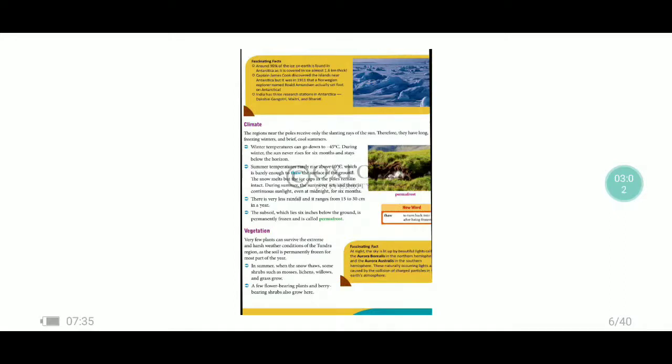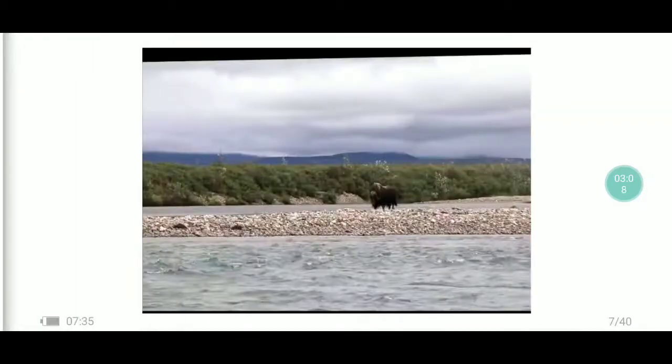Summer temperatures rarely rise above 10 degrees, which is barely enough to thaw the surface of the ground. It means that the snow hardly melts and the sun never sets here for 6 months.